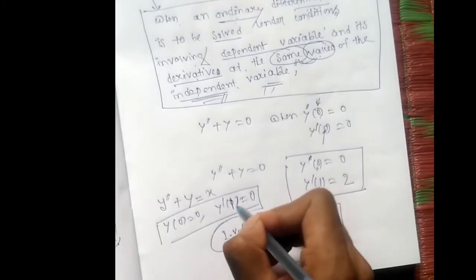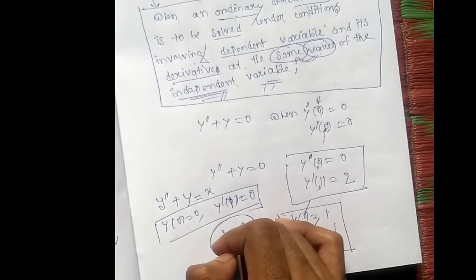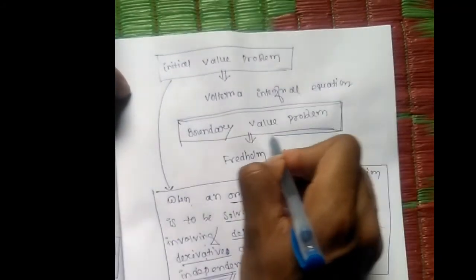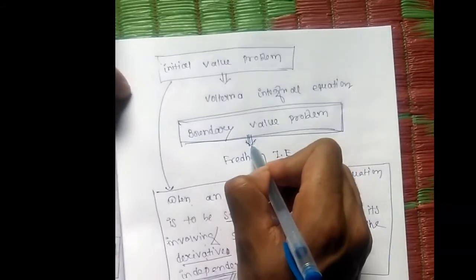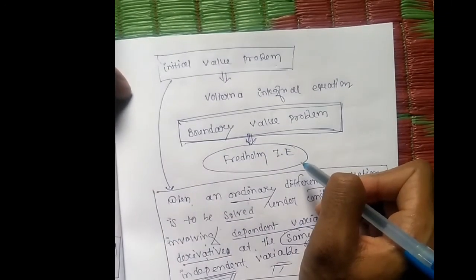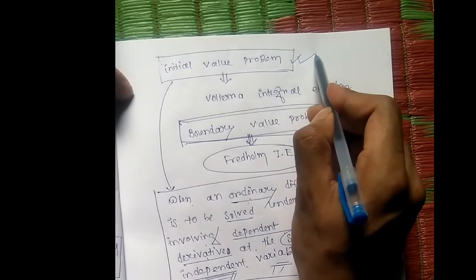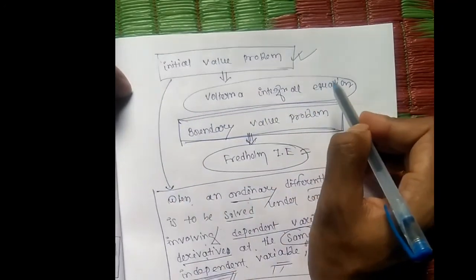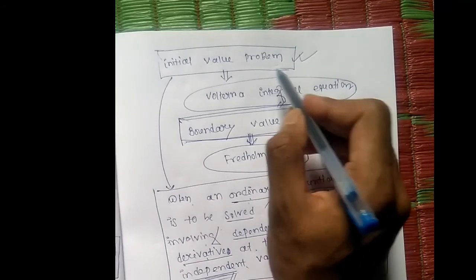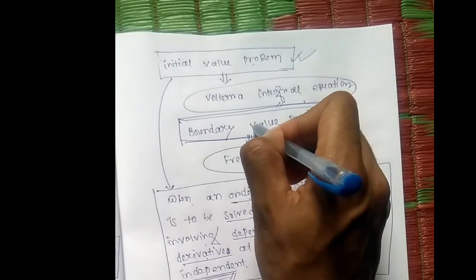This is a boundary value problem. This is important: a boundary value problem is always transformed into a Fredholm integral equation. An initial value problem is always converted into a Volterra integral equation. Initial to Volterra and boundary to Fredholm.